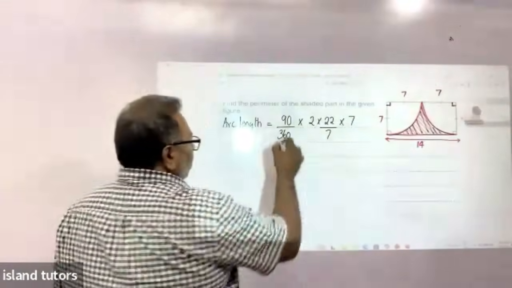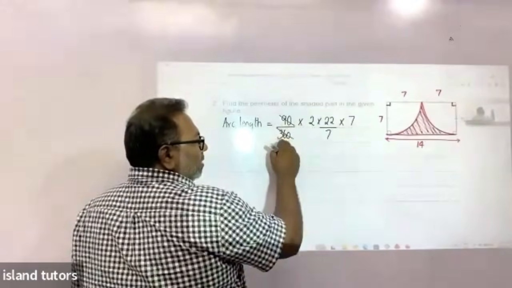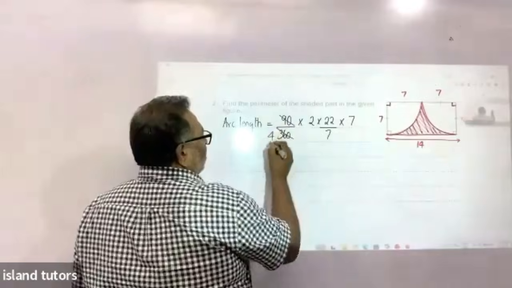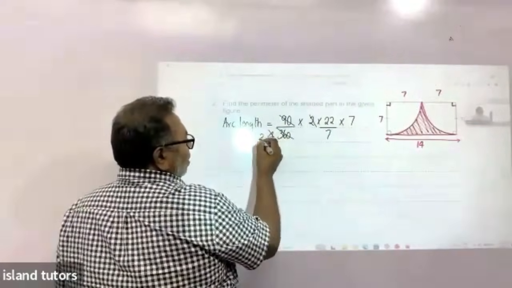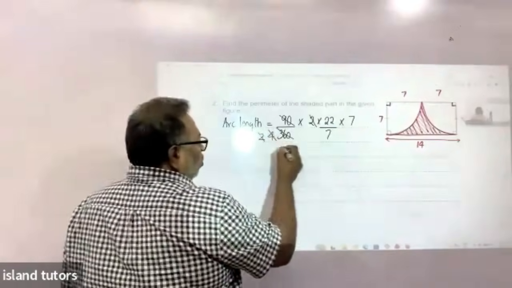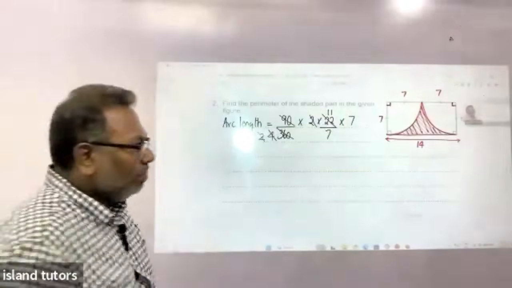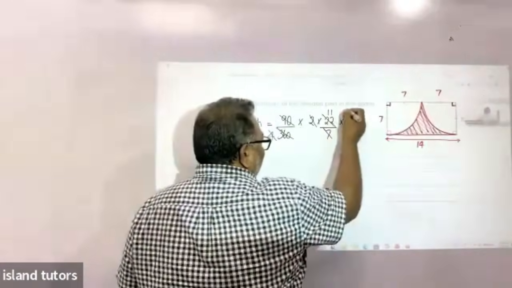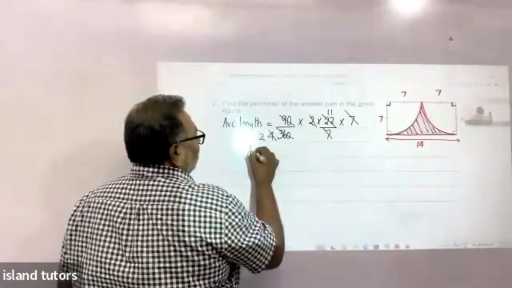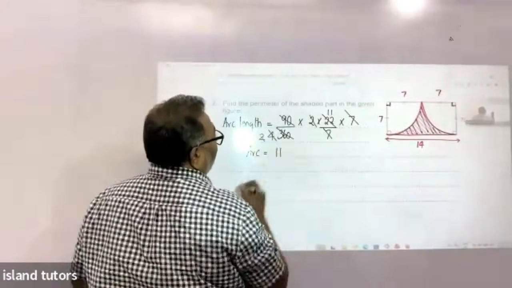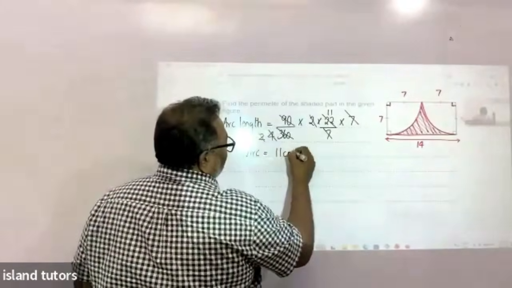Okay. 90 and 360 you can simplify. 360 divided by 90 is 4. This 2 and 4 you can simplify to 2. This 2 and 22 you can simplify to 11. This 7 and this 7 you can simplify. So your arc length is how much? 11 centimeters.